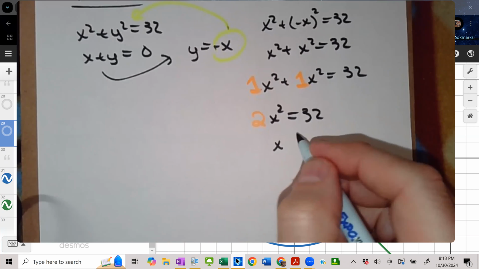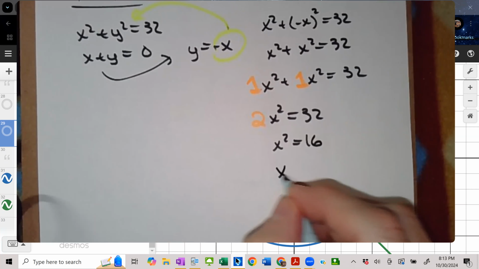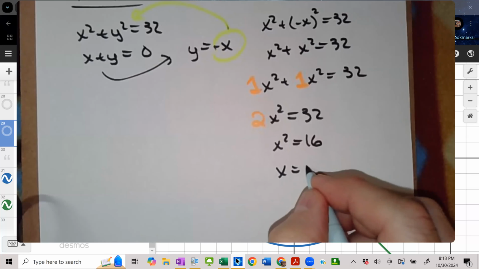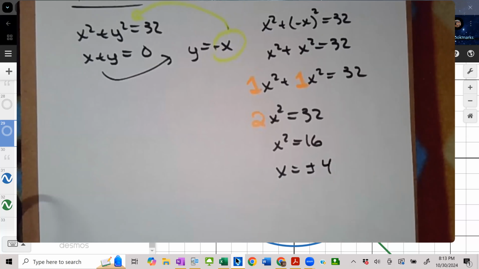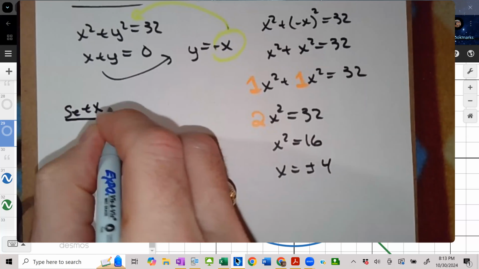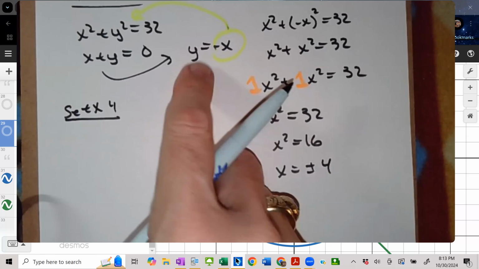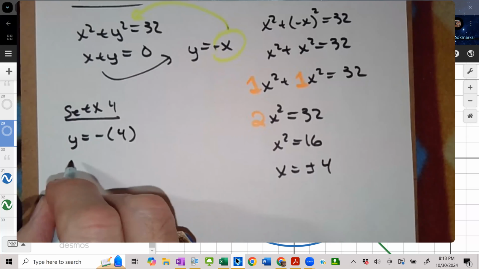Divide both sides by 2. x squared equals 16. x equals plus or minus 4. You can do the square root part, right? So when x equals 4, I get y equals negative of 4.